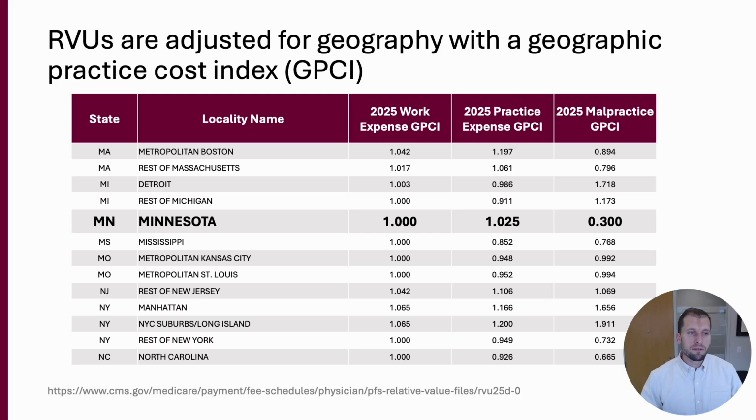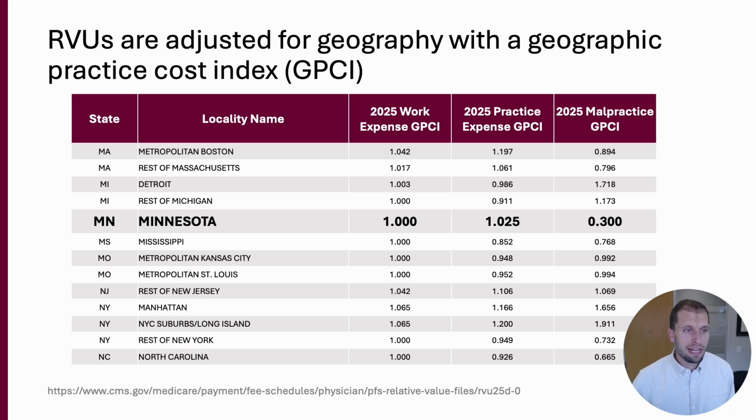Some states break things out specifically by city. So this is just a sample of the chart, but you can see Manhattan is separate from the New York City suburbs and Long Island and the rest of New York. So Syracuse, New York, Rochester, New York, they're not particularly expensive places to live. They're nice enough, sure. But it's not Manhattan, right?